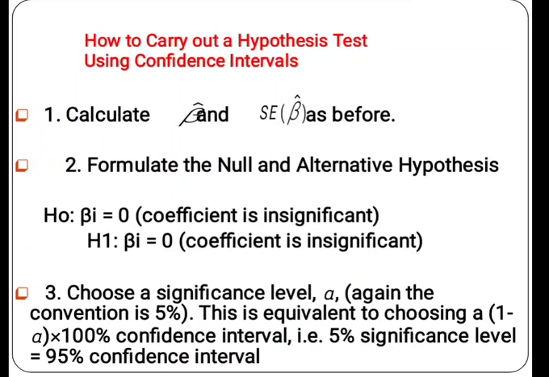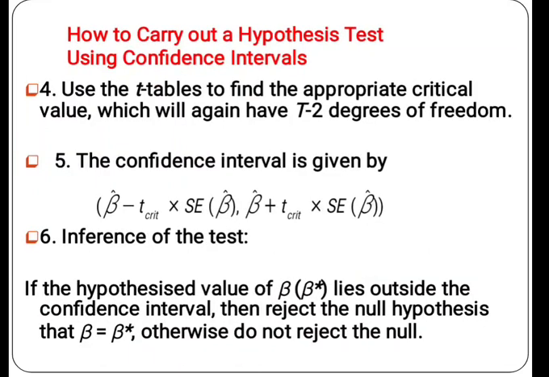It means the coefficient value is equal to 0. If 0 falls in the range of the confidence interval, if the confidence interval encompasses 0 in itself, then we will accept the null hypothesis, and we state that beta 1 is statistically insignificant, and there is no relationship between the independent variable and dependent variable.